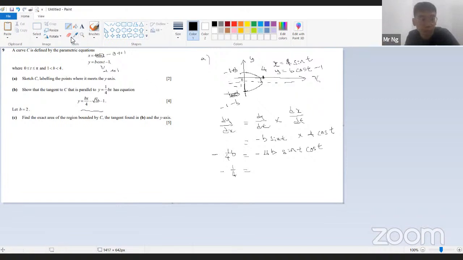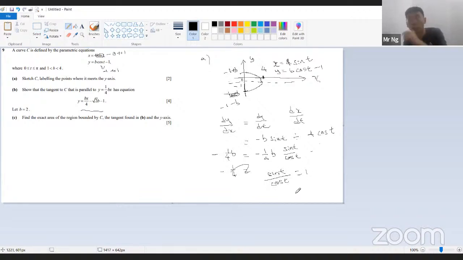Divide. Okay, so this sine t over cosine t equals tangent t.